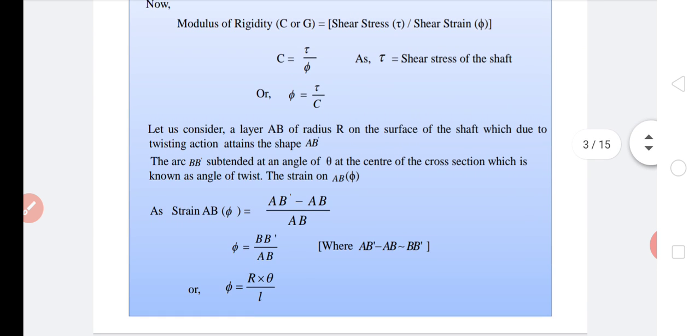Now, modulus of rigidity C or G equals shear stress by shear strain, that is tau upon phi. That means phi equals tau by C.